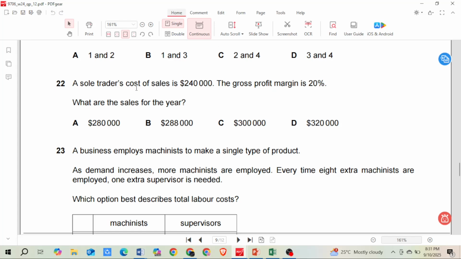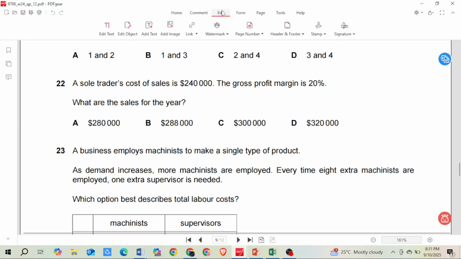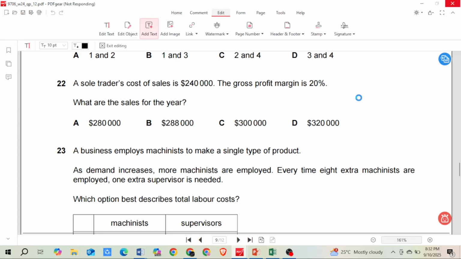But what we have here is the cost of sales. So we need to convert the margin into markup. We simply write 20 divided by 100 minus 20. If I calculate 20% of 240,000, that is markup, but we are not doing that, we are using margin.